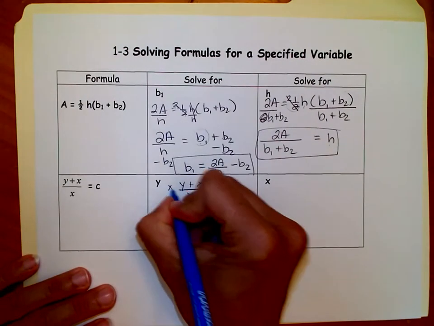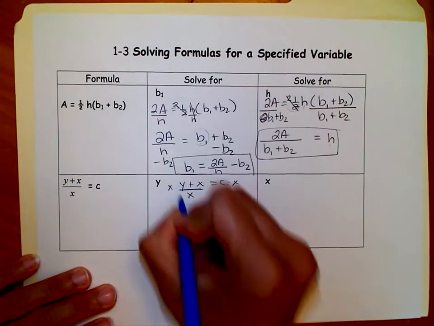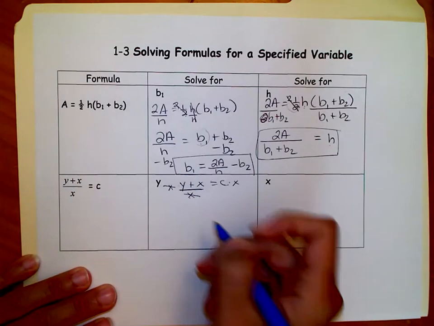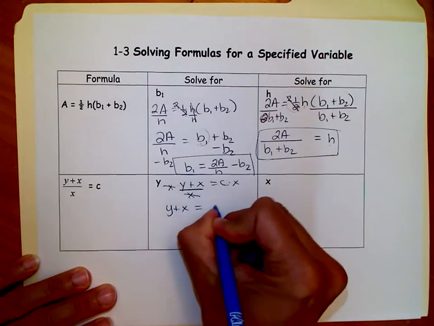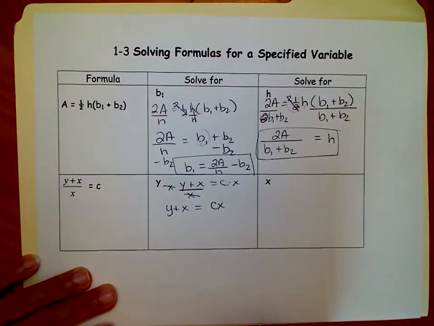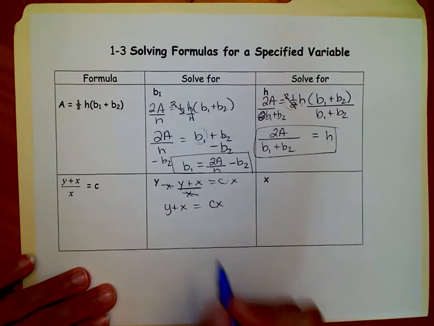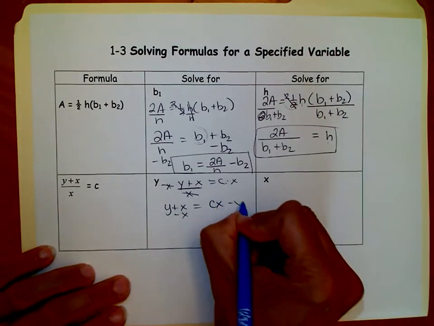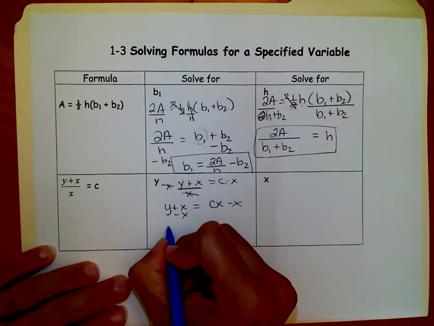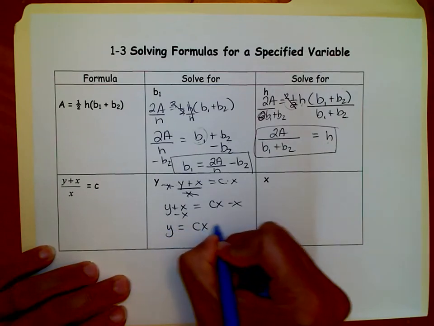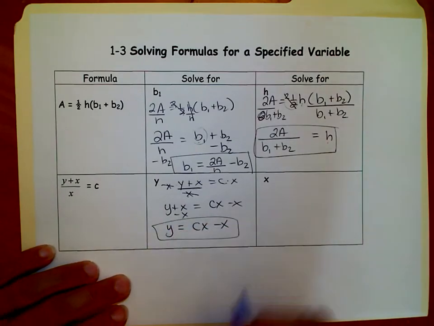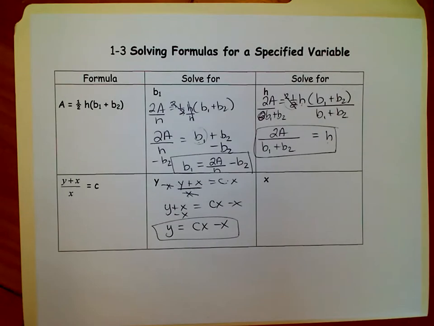So I multiply both sides by x. And when I do that, these cancel, and I'm left with y plus x equals cx. And then it's just a matter of subtracting. If I want to get rid of y, I just subtract x. So I get y equals cx minus x. And that's how to isolate y.